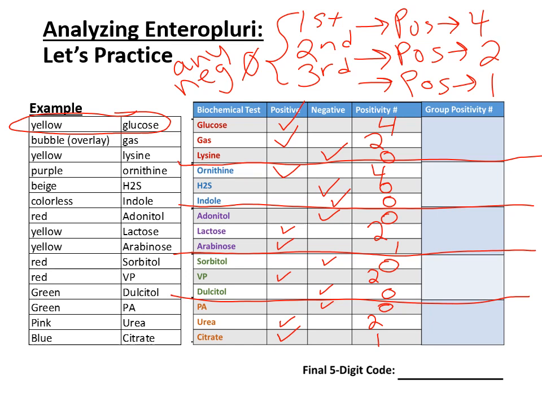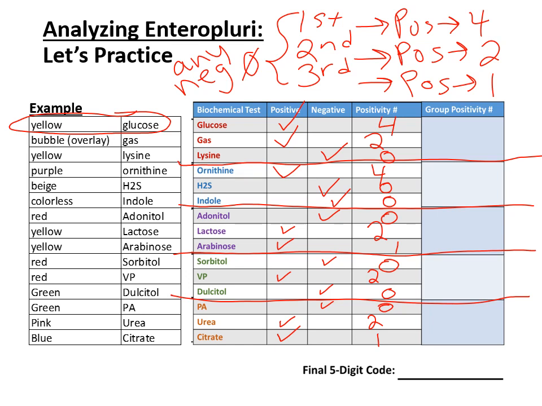Any first test, which would be glucose, ornithine, adonitol, sorbitol, or PA, anytime those are positive, they would get a 4. Any second test, which would be gas, H2S, lactose, VP, or urea, those would get a 2 if they're positive. And any third test, such as lysine, indole, arabinose, dulcitol, or citrate, they get a 1.